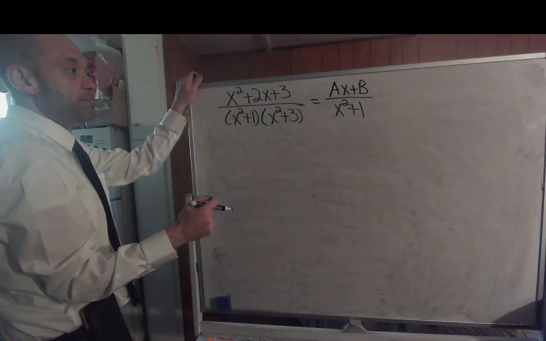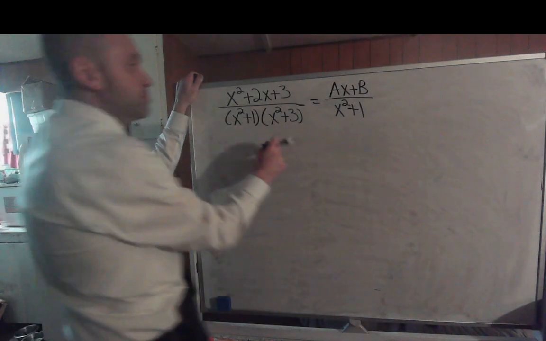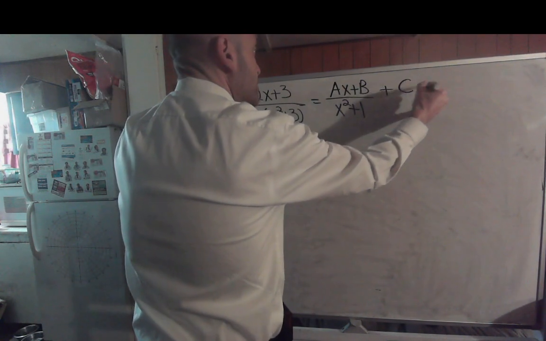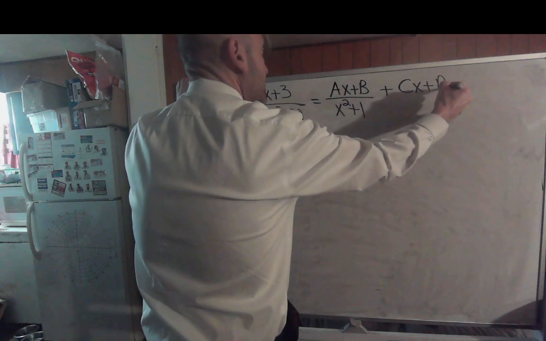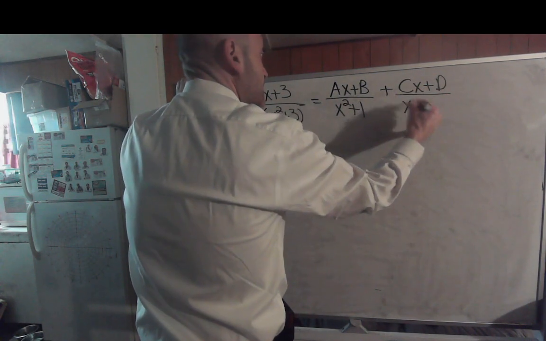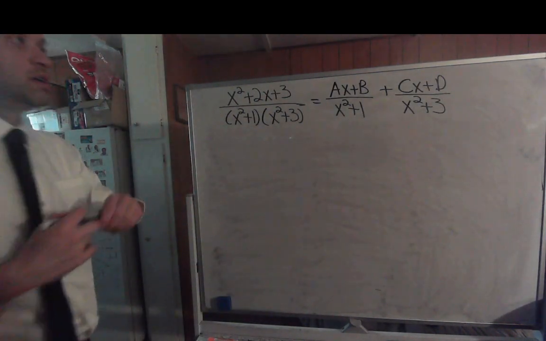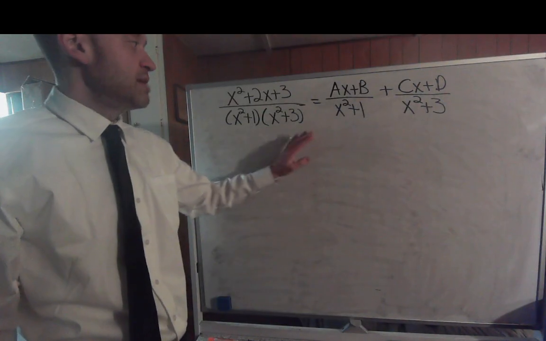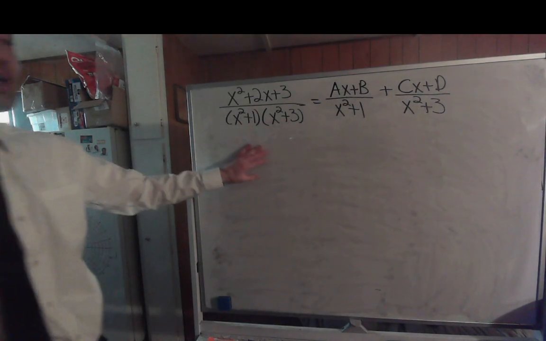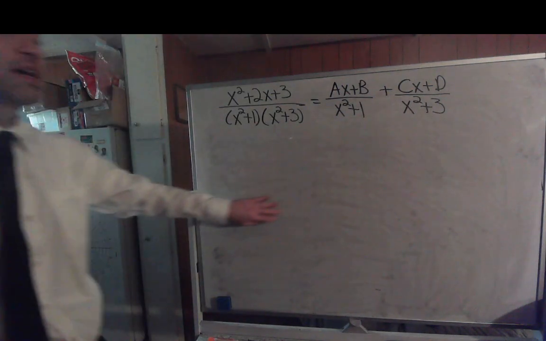And then I need to do, you guessed it, Cx plus D all over x squared plus 3. So there's going to be for my two non-repeating unfactorable quadratic factors.